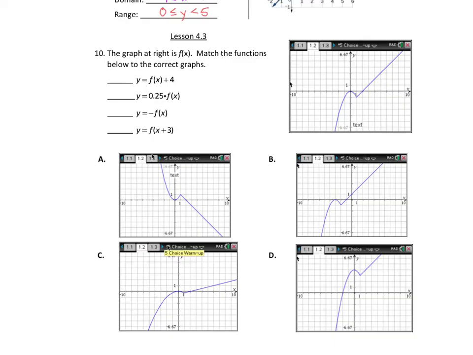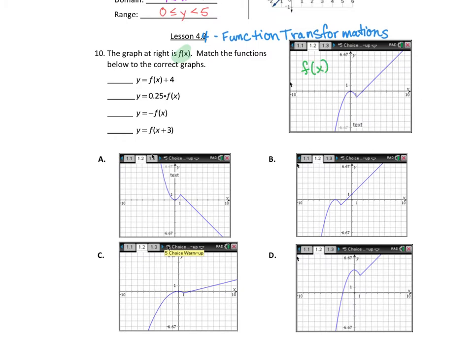I've renumbered this unit so I know that it says 4.3 there, but this was actually 4.4, which was function transformations. And this is the one where you just need to know those rules. So for our first example here, we've got f of x, and then this graph over here, this is our original f of x.